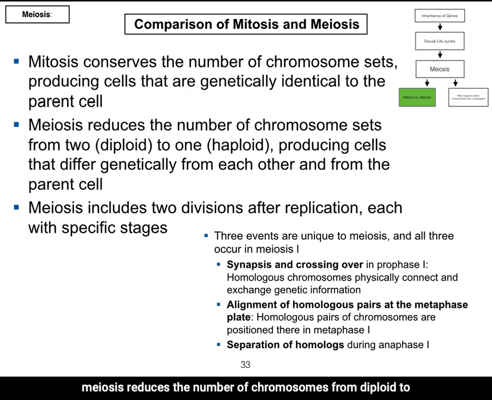Meiosis reduces the number of chromosomes from diploid to haploid and produces cells that are genetically unique from the parent, and does so in 2 divisions. The genetic differences that are observed in meiosis result from 3 events that are unique to meiosis only: crossing over, alignment of homologous pairs, and separation of the homologs.